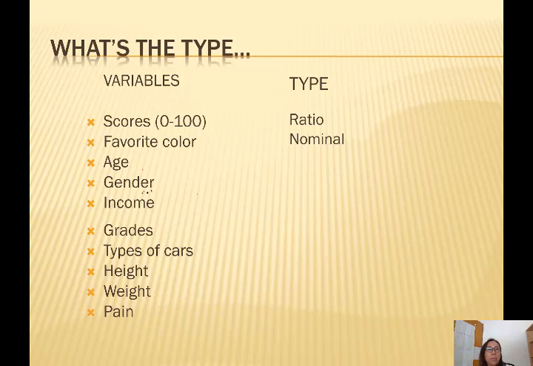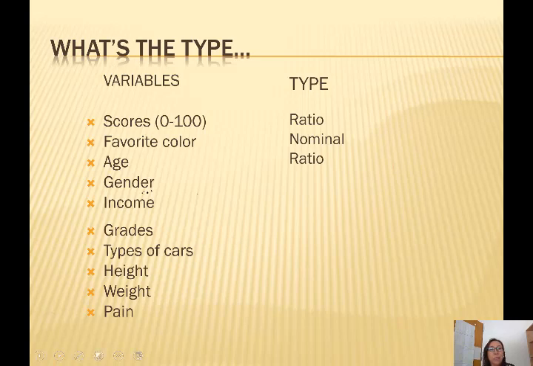How about age? Is that categorical or continuous? Continuous, because age ranges from 0 to 100 or 120, or how far out you want to take that. And more specifically, is it interval data or ratio data?